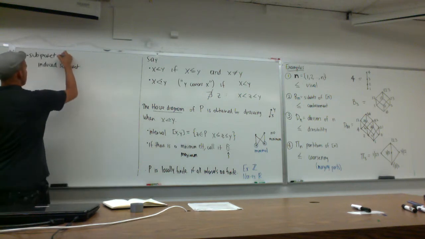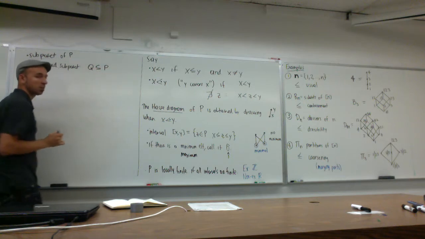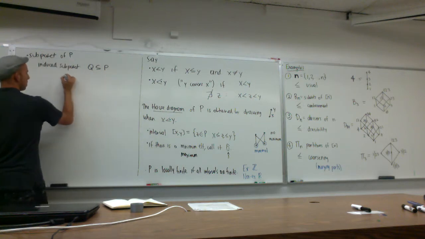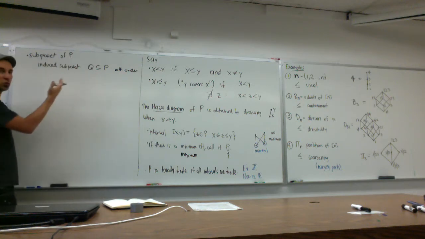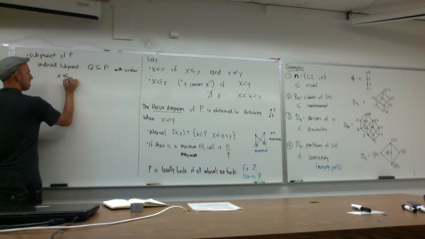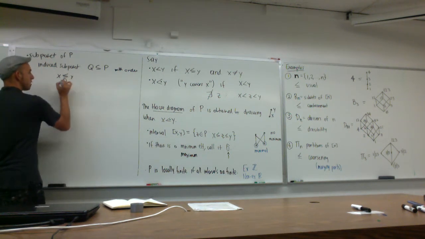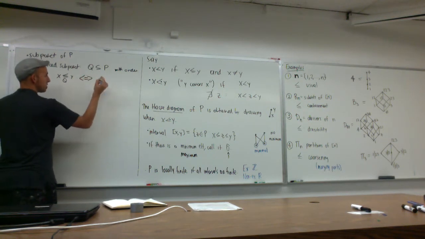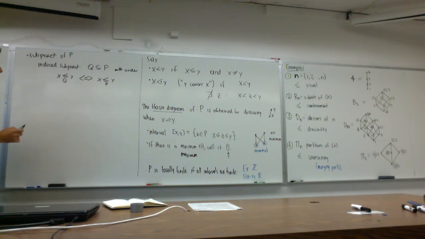So it's going to be a subset of P, with the order induced from P, right? So if you want to know whether x and y are comparable in your subposet Q, then you just look at whether they're comparable in your poset P. Okay?